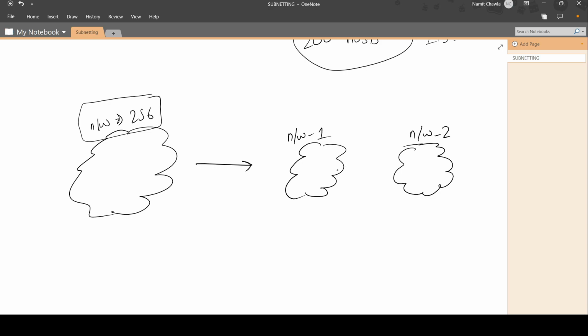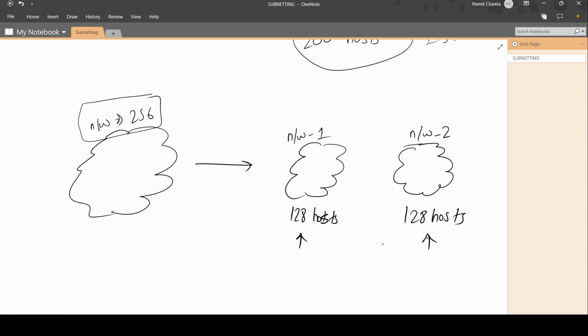Let's say over here it is giving me 128 hosts, and over here as well it is giving me 128 hosts. Now this can be utilized in one house, and this can be utilized in another house, or within two different regions of the same house, so that we have the maximum utilization of these IPs.